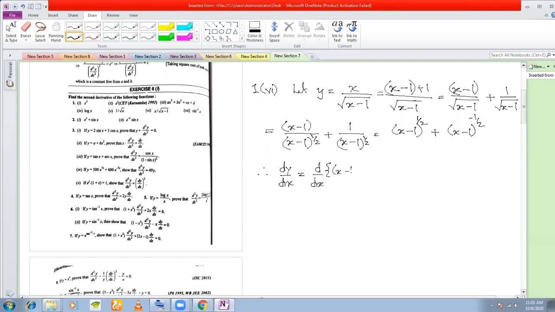x minus 1 to the power of half. Sir, the second step it will be 3 by 2, no? Why should it be 3 by 2? Tell me. Sir, x minus 1 is there and upon x minus 1 half.